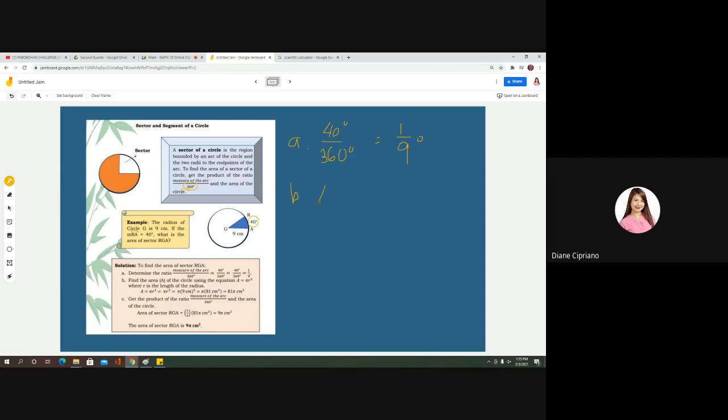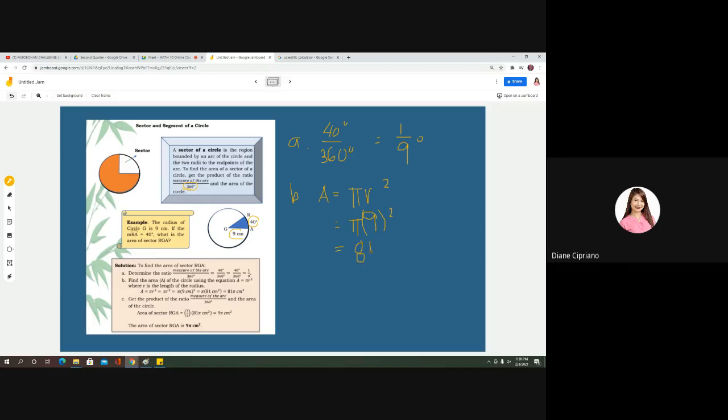And then, we all know that pi is a constant given, and our r given here is 9. So, we have here 9 squared, okay? And then, you will get 81, kasi 9 times 9 is 81. And then pi, and then the unit given is cm squared.